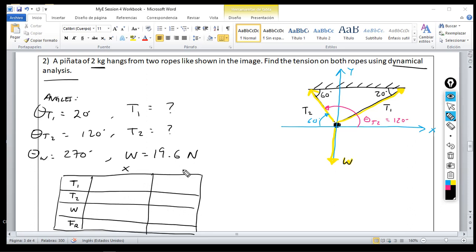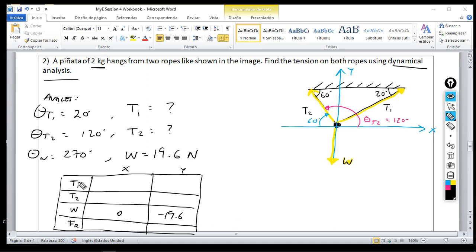Here goes the x component, here goes the y component. First get the x component and the y component of the weight, because that's the easiest thing. So let's get them, please. You should get this value, 0 and minus 19.6.